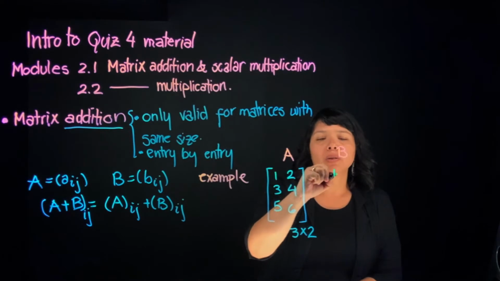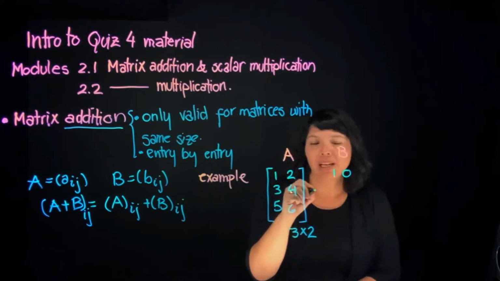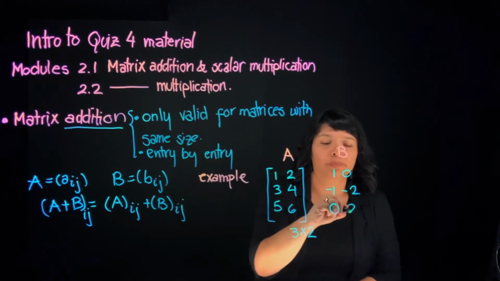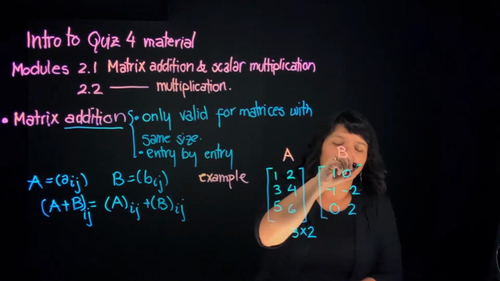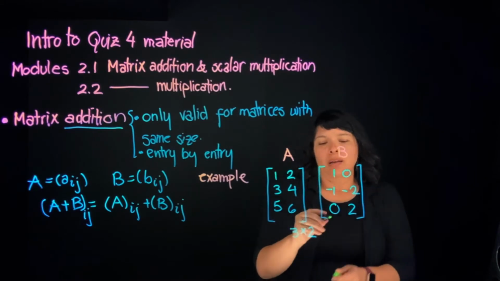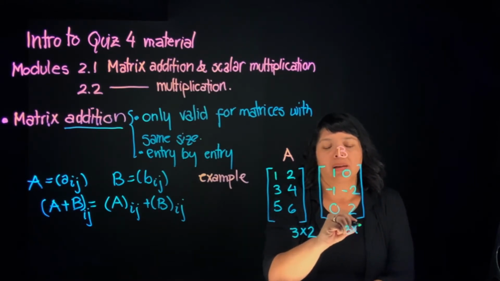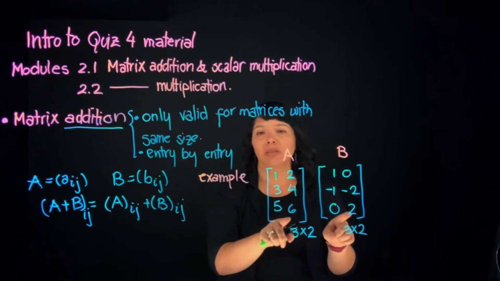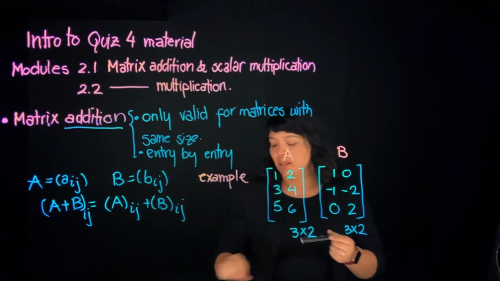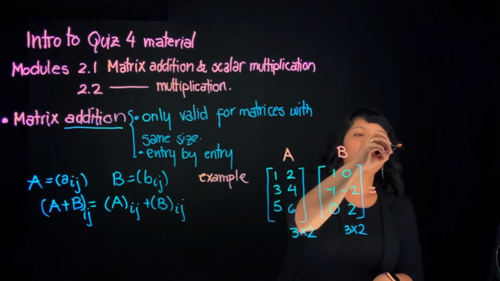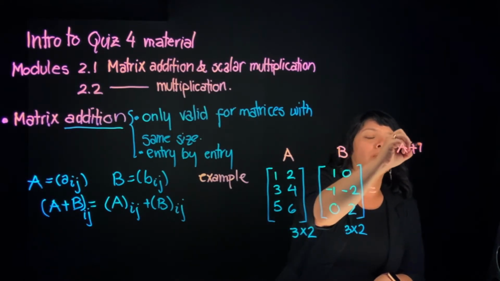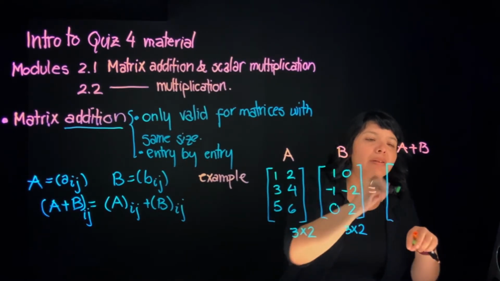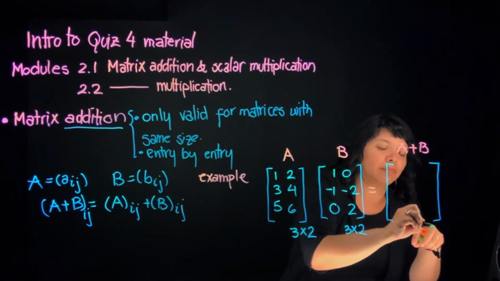So I chose 1, 0, negative 1, negative 2, and 0, 2. The reason we need the sizes of these matrices to be the same is because my matrix A plus B is going to be another 3 by 2 matrix.